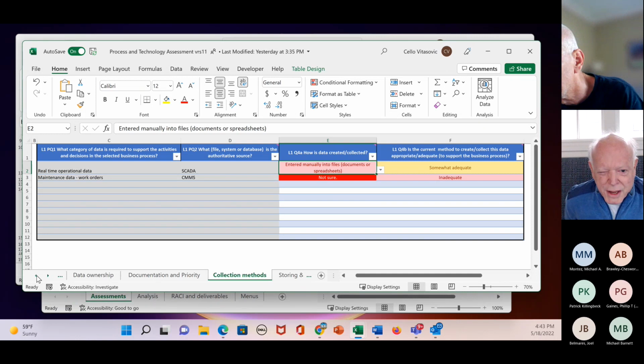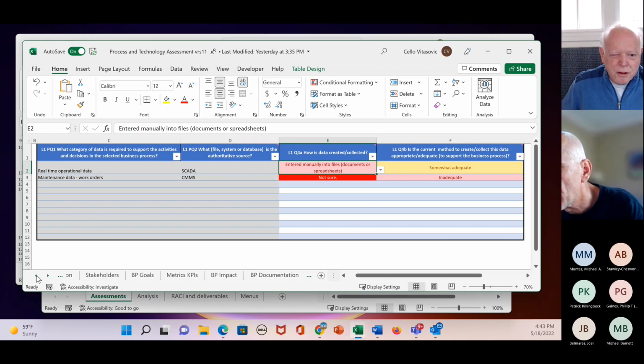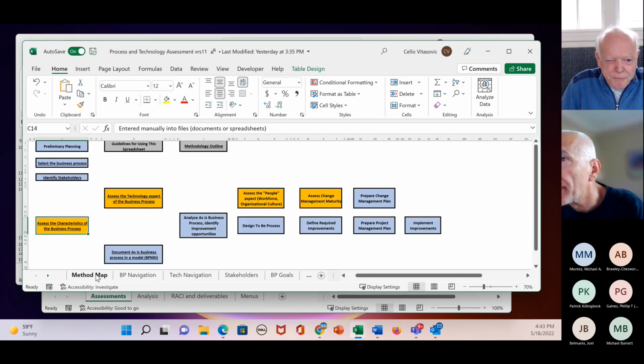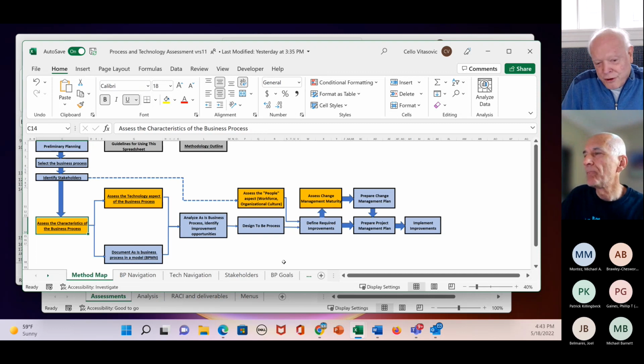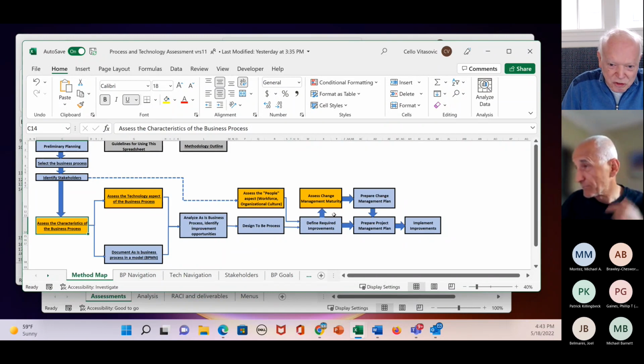Okay. Mike, maybe I could respond quickly. It's anticipated that this would be done after you've identified what the improvement is, that you've basically gone through the business process, the technology, even potentially the people side assessments.